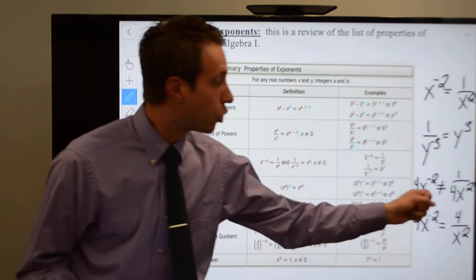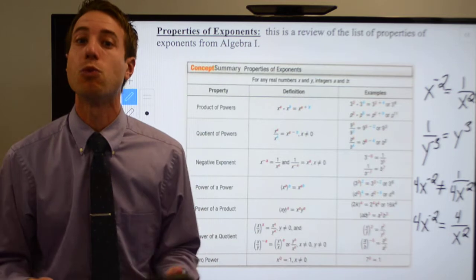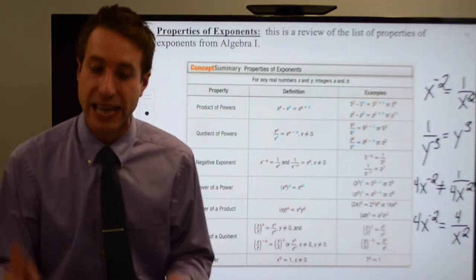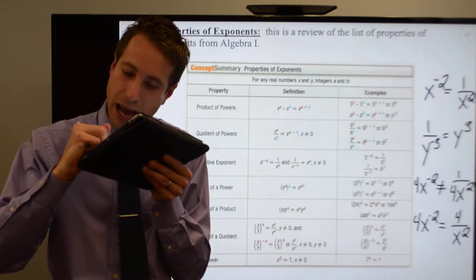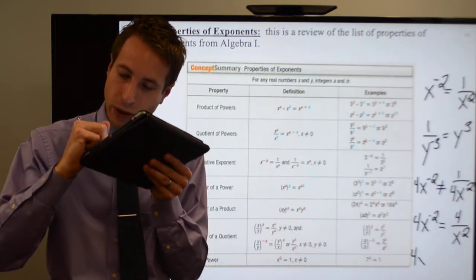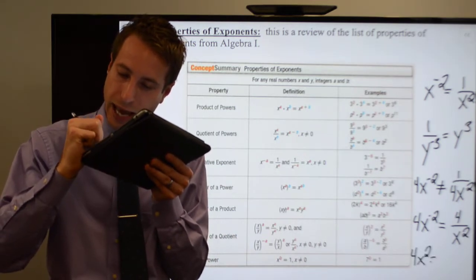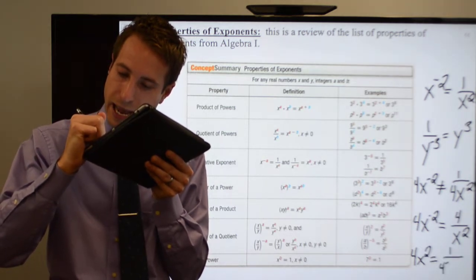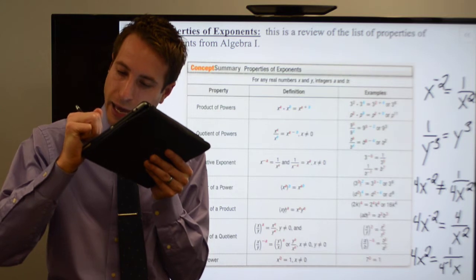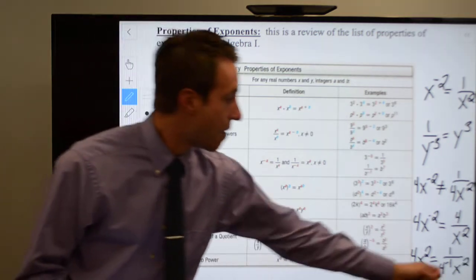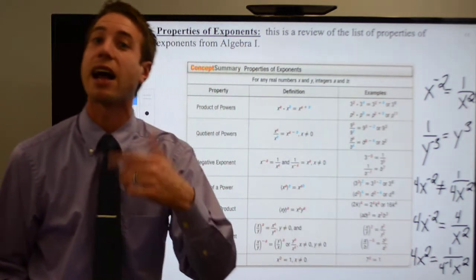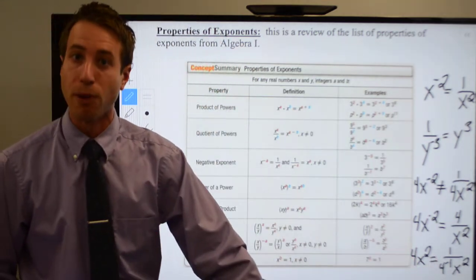Now, what you could do here, if you wanted to make it equivalent, was take that 4 and raise it to the negative 1 power. That is absolutely an equivalent statement. So I could say it is equal to 1 over 4 to the negative first power, x to the second power, right? That is absolutely okay because you've changed the sign of both of the powers and taken them both to the bottom.